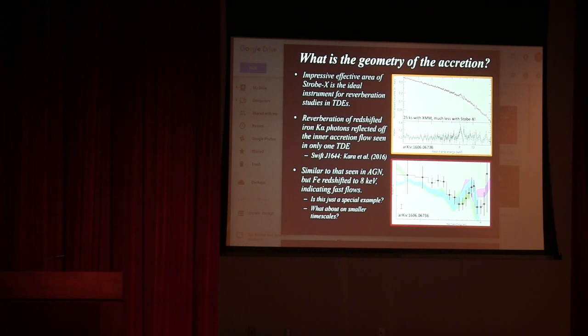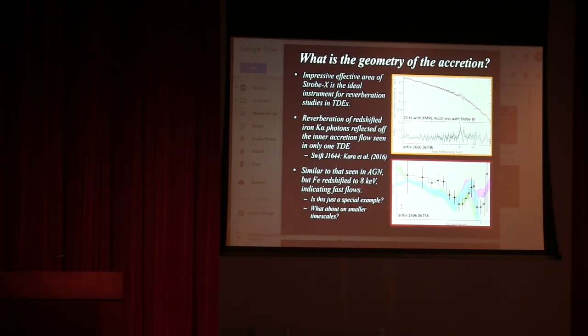Currently, there's only one example of a TD, which is a jetted event, in which we've been able to do reverberation mapping of redshifted iron K alpha photons, which have been reflected off the inner accretion flow of this TDE. This was done by Erin Kara, who is also part of the STROBE-X scientific committee.